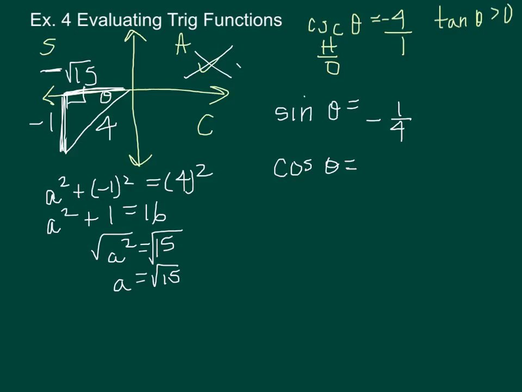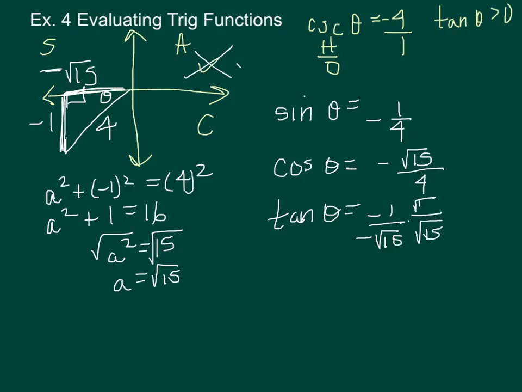So make sure you show that that's negative, over hypotenuse. Tangent theta is opposite over adjacent. And we have to rationalize it. So you're going to get negative radical 15 over 15. Negative divided by negative is a positive.